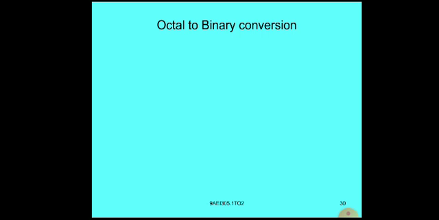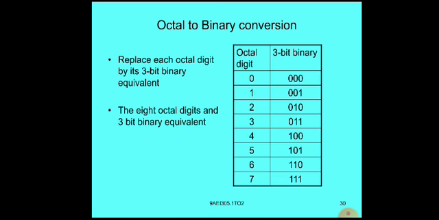Now let us take octal to binary conversion. What is the octal radix? Octal radix is 8. What is the radix for binary? It is 2.